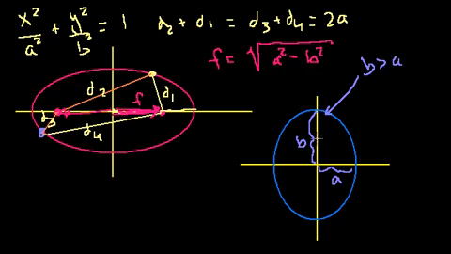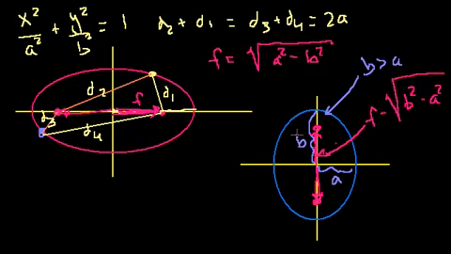The foci are always going to lie along the major axis, which in this case is the vertical axis, so the foci are going to sit here and here, vertically down from the origin and vertically up from the origin. Instead of a squared minus b squared, since b is larger than a, the focal length is going to be the square root of b squared minus a squared. Fair enough.